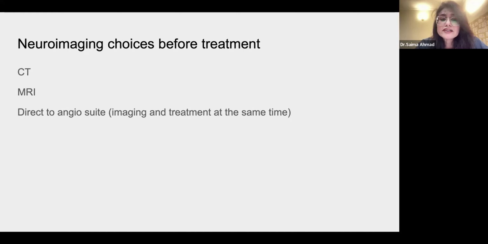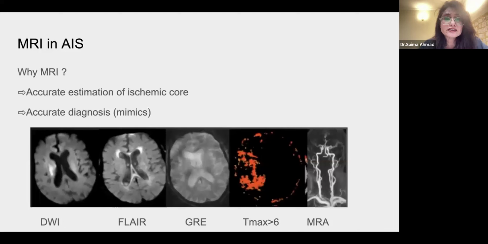The third choice is direct to the angio suite, in which both imaging and treatment are done at the same time. It seems to be futuristic, but there are many centers using this approach, and we will be seeing much more of this in the coming years.